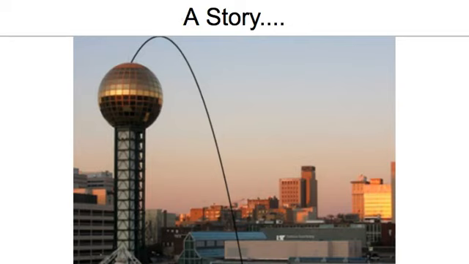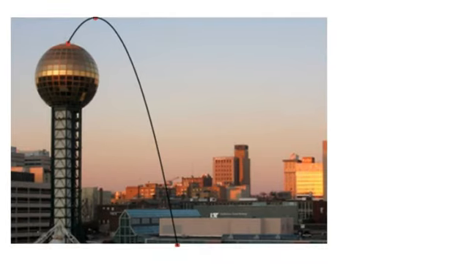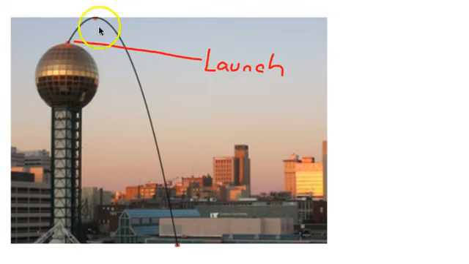Now, what's interesting about this is if we start looking at the important points along the path of this object's travel. There are 3 points in particular that I want to bring your attention to. There's this point right here, which is where it was launched from.